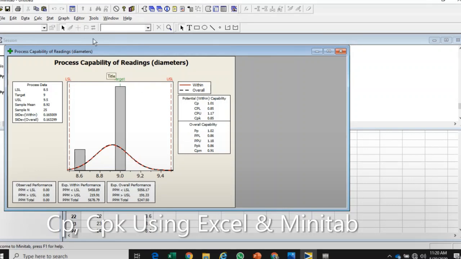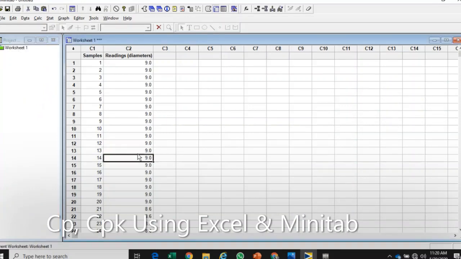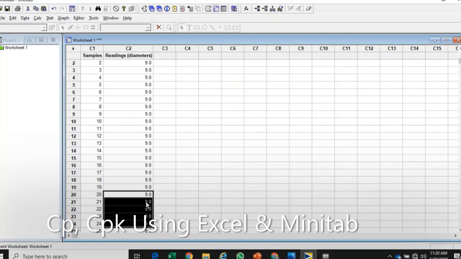Let me do that. Some values, 9.9, I'm just feeding in.